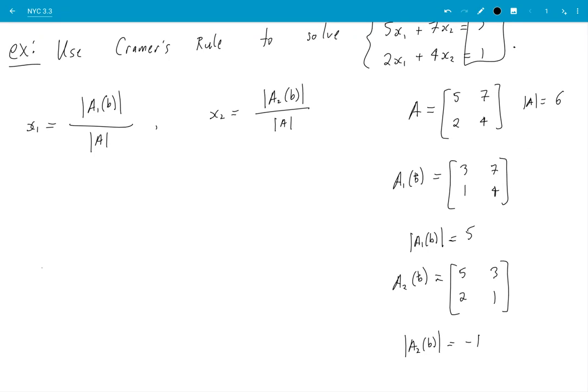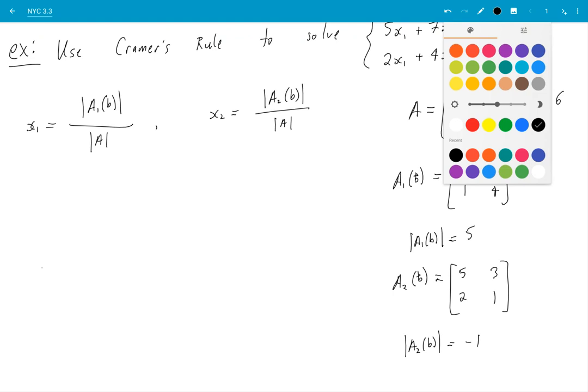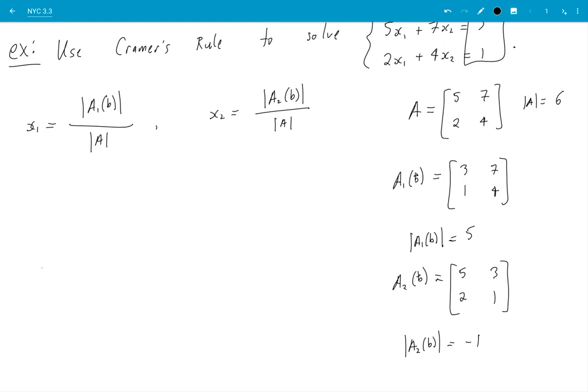Okay, so I have the three items I need. I can just plug them in over here. x1 is 5 over 6. And x2 is negative 1 over 6.